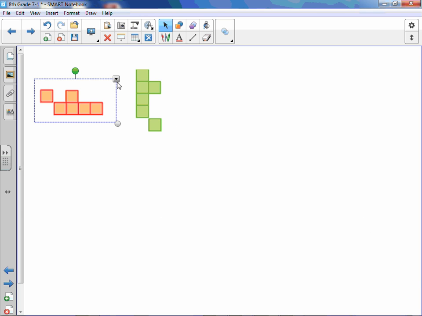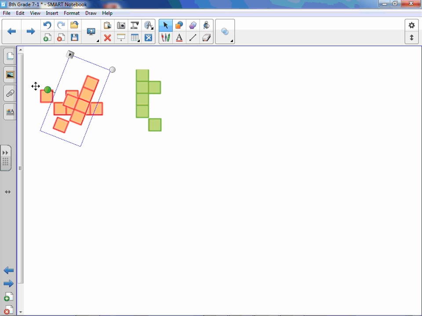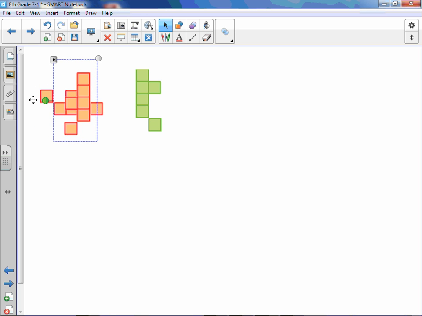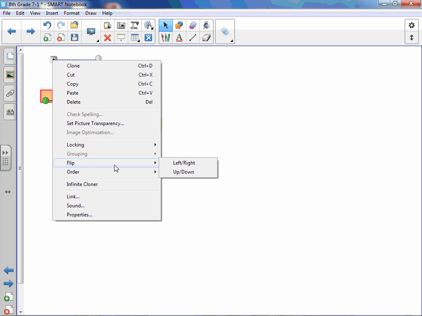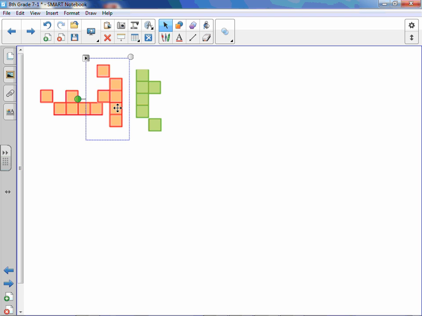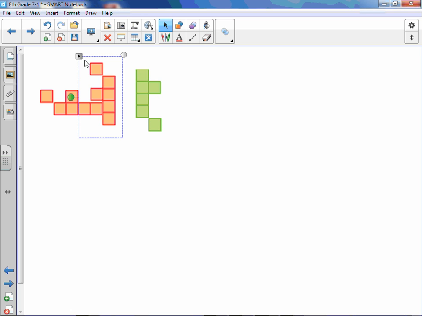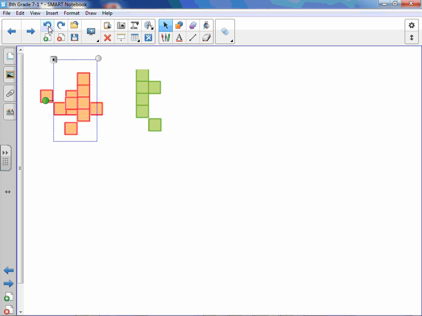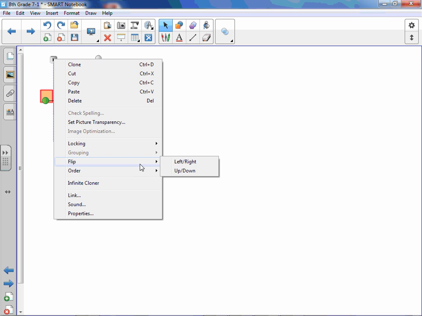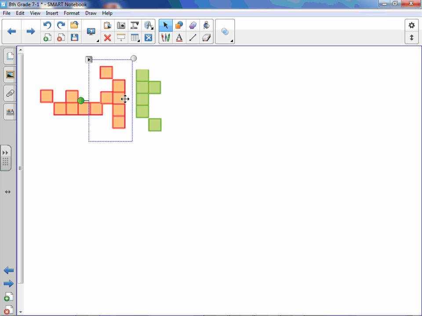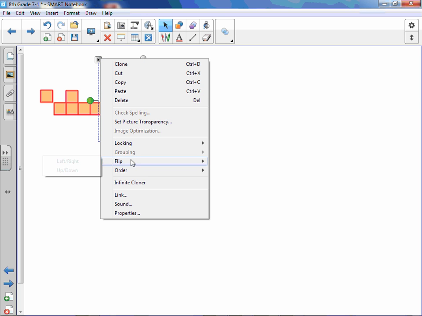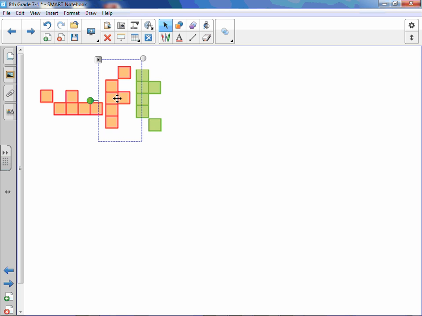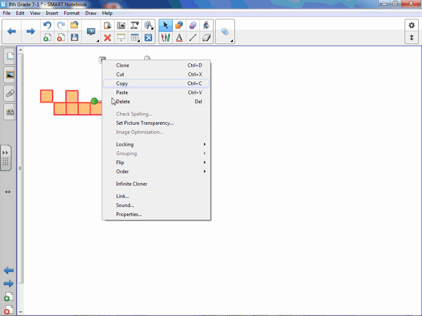This one looks like it was rotated. So let's go ahead and rotate it. It also looks like it was reflected, so let's reflect it. I'm playing around with my reflections here.